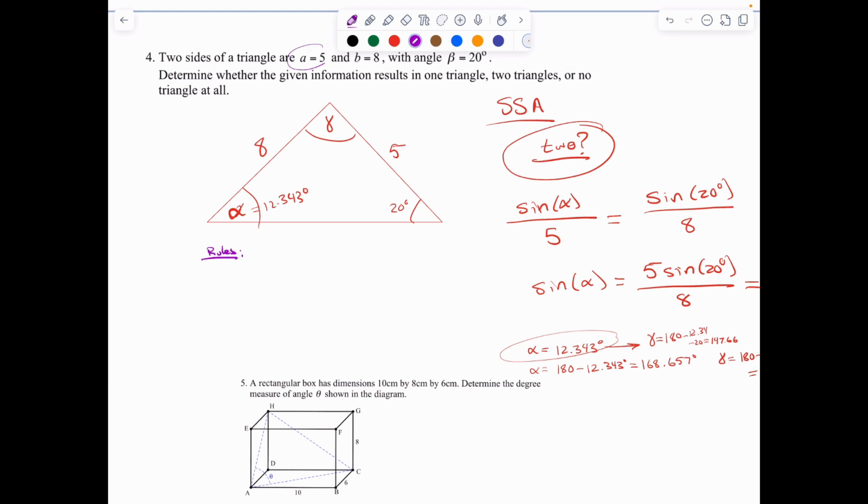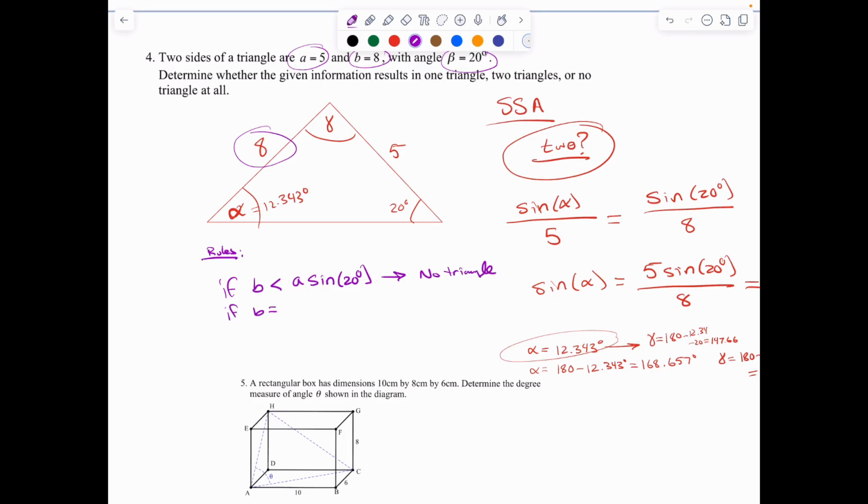If you're given a, b, and beta, it's based on that side. If b is less than a times the sine of the angle, then there's no triangle.